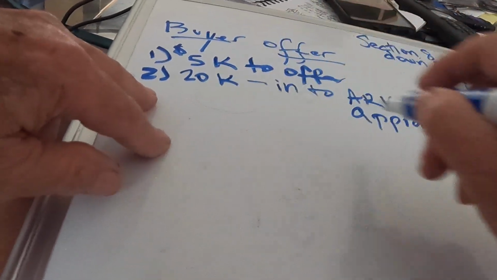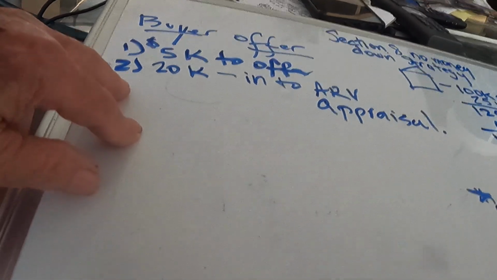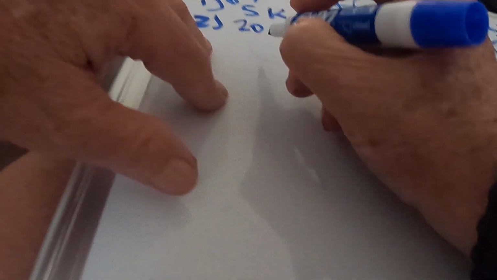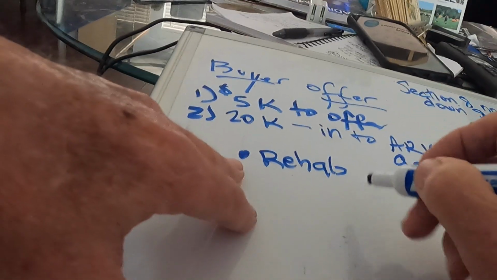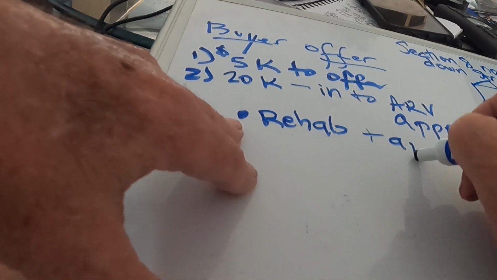So, and then that ARV is going to basically be, we're going to do that by rehab plus appliances, maybe.